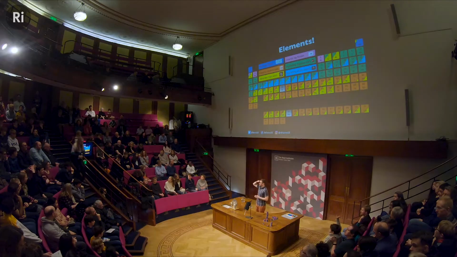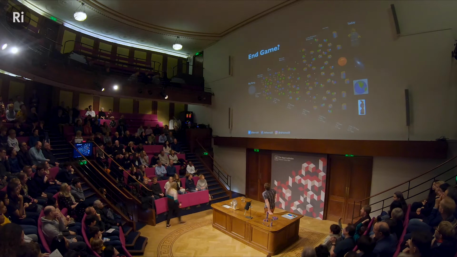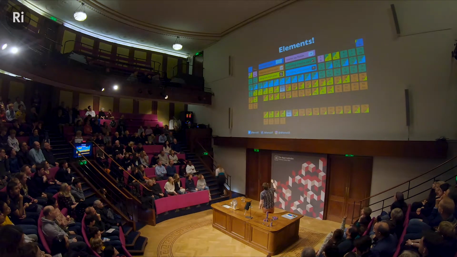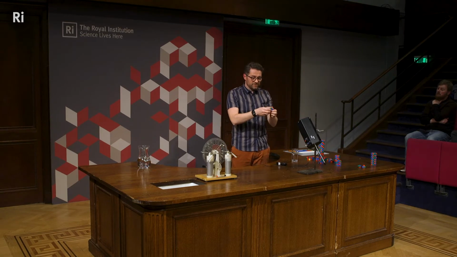What is helium-4? On the periodic table, you'll notice that helium is the second element, but helium contains 2 protons and 2 neutrons. The 4 stands for how many protons and neutrons it's made from, which is also called its mass number. You can get other forms of helium. Helium is helium because it has 2 protons.